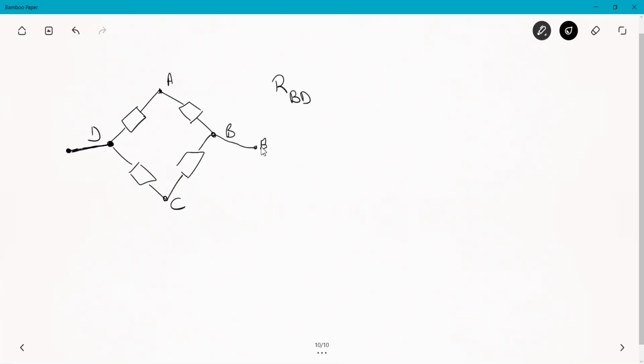So this could be B, and also this could be D, right? So then the question is, there is some current flowing here, correct? Because of the node law, it's going to be divided into two currents, I1 and I2.